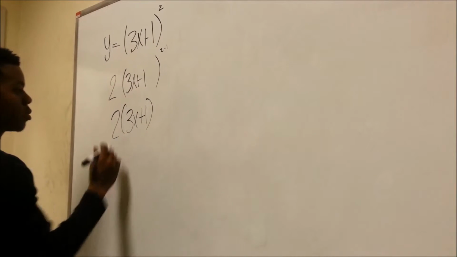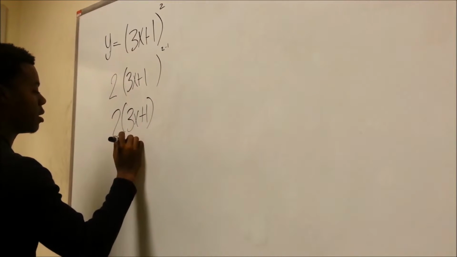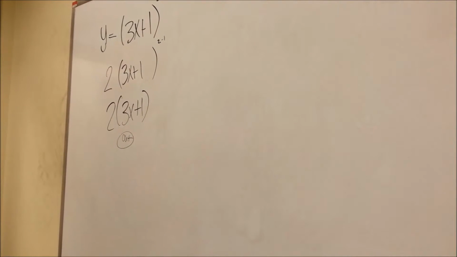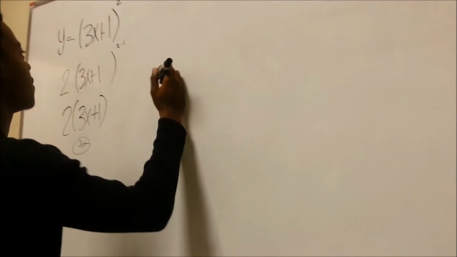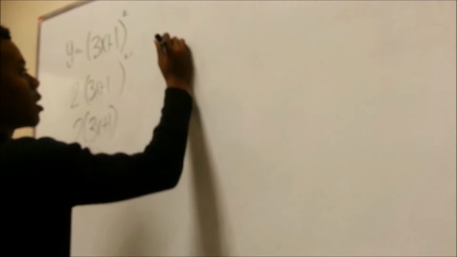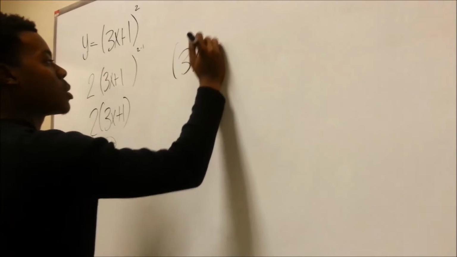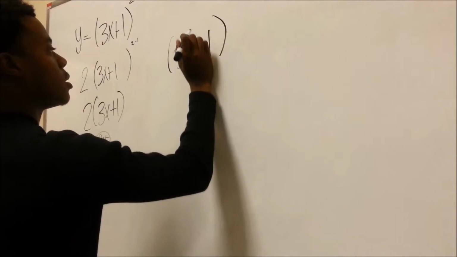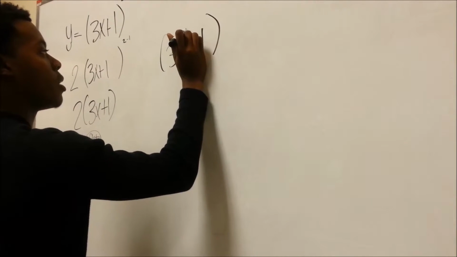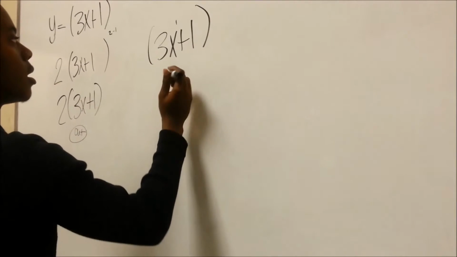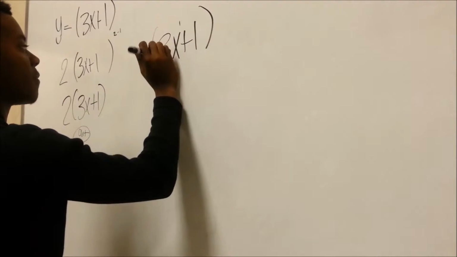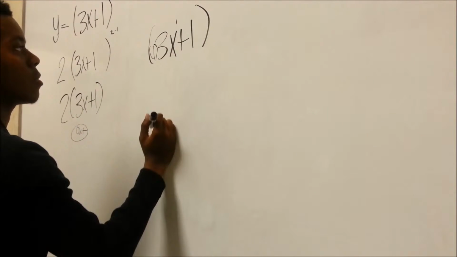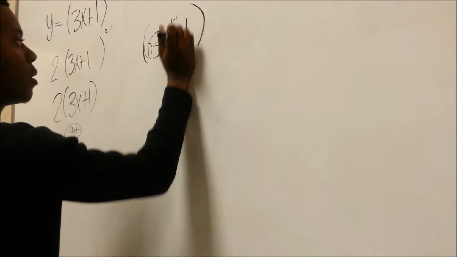Now, just to remind us, when we come back to multiply, we're just going to write a little out here. Moving on. To find the derivative of the inside, we do sort of the same thing. We take the little exponent up here, which is 1, and we move it up front, times 3, and we subtract the exponent by 1.